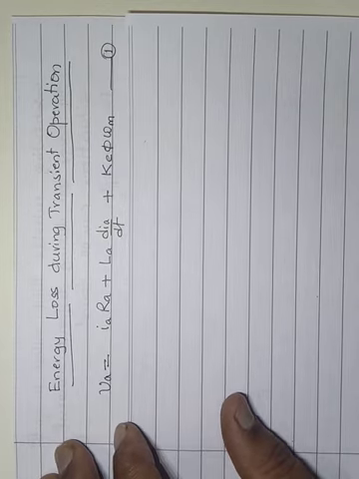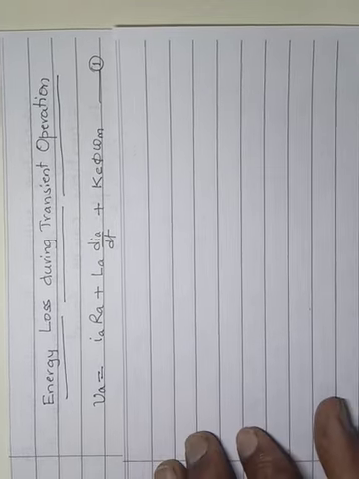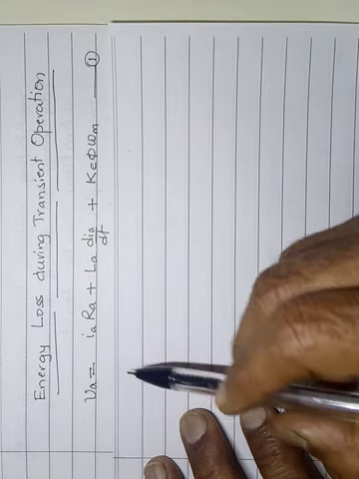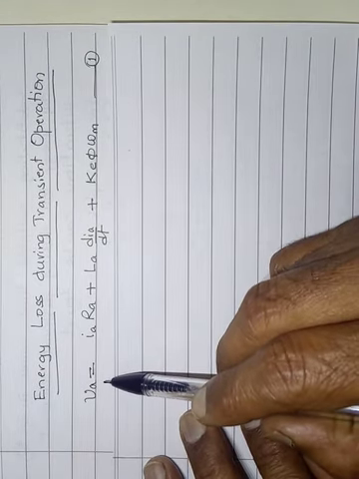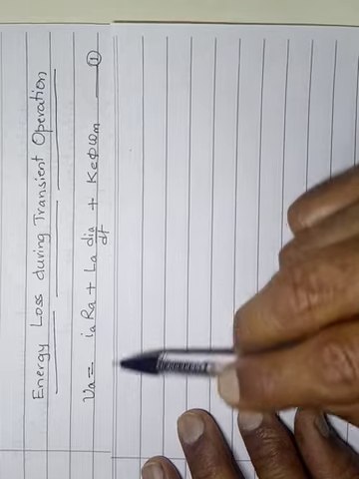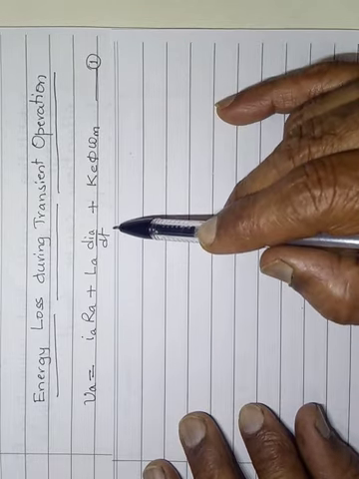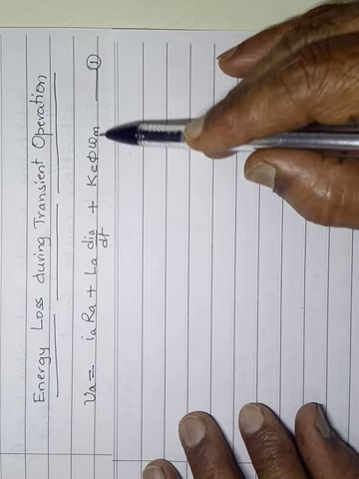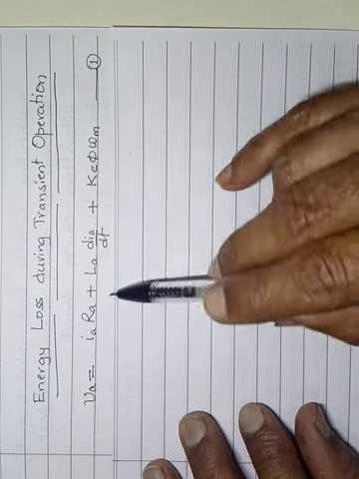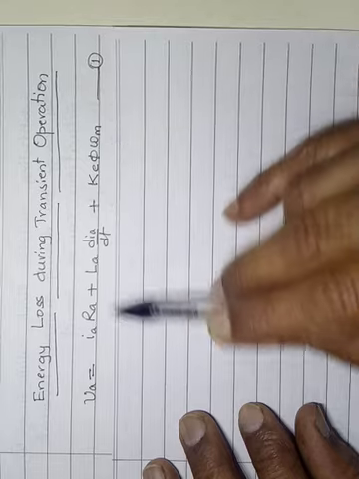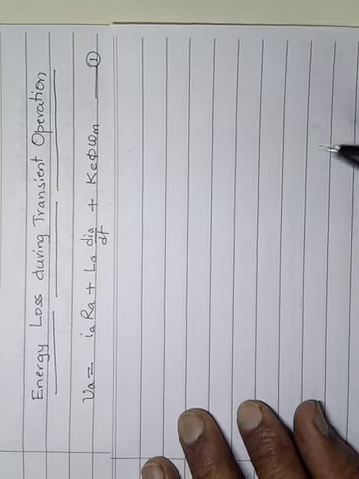For this, again, I take the equation for the voltage. We have already come across this: VA = IA RA + LA dIA/dt + Ke pi omega m. It's a transient situation. That's why L is coming into the picture.